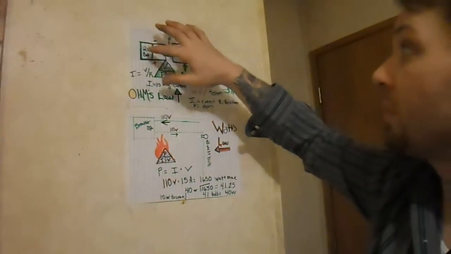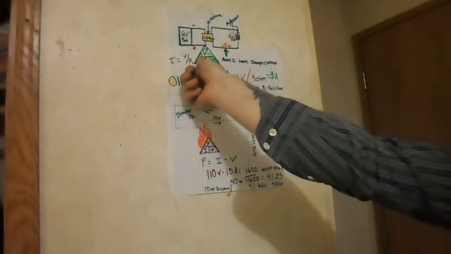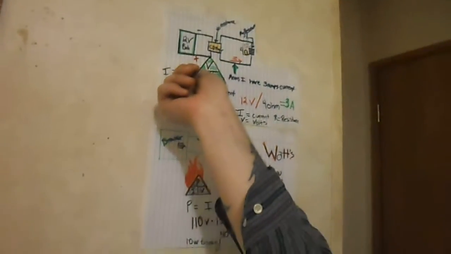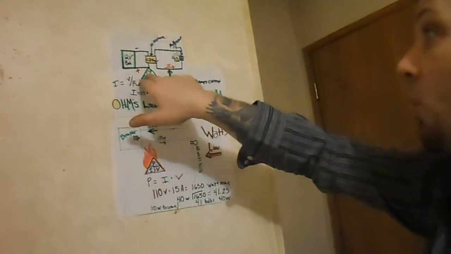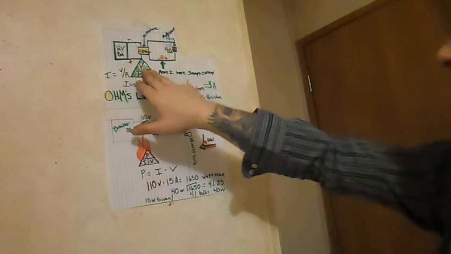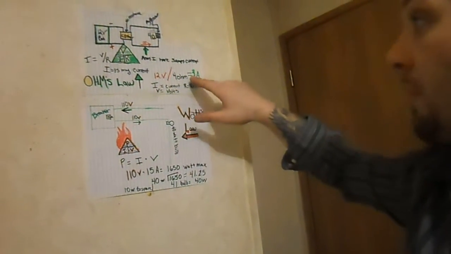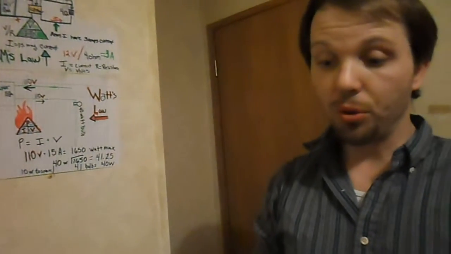If we're given the volts and the resistance, we need the current, so hold your finger over I, which leaves you with V over R. So you divide V by R: 12 volts divided by 4 ohms, which means 3 amps of current.